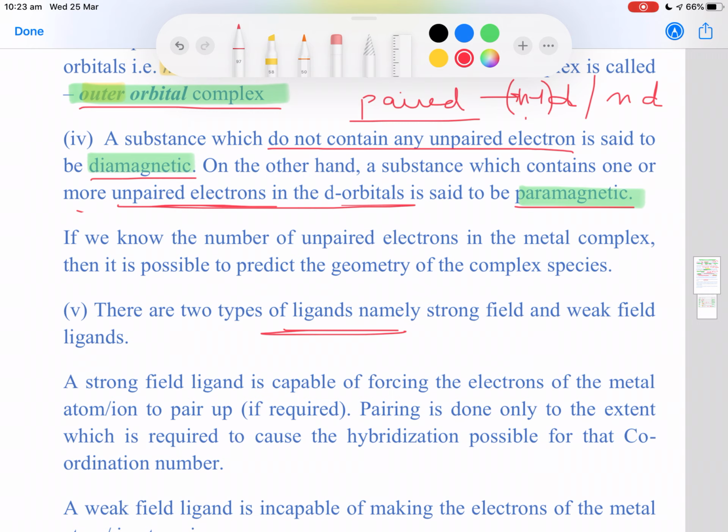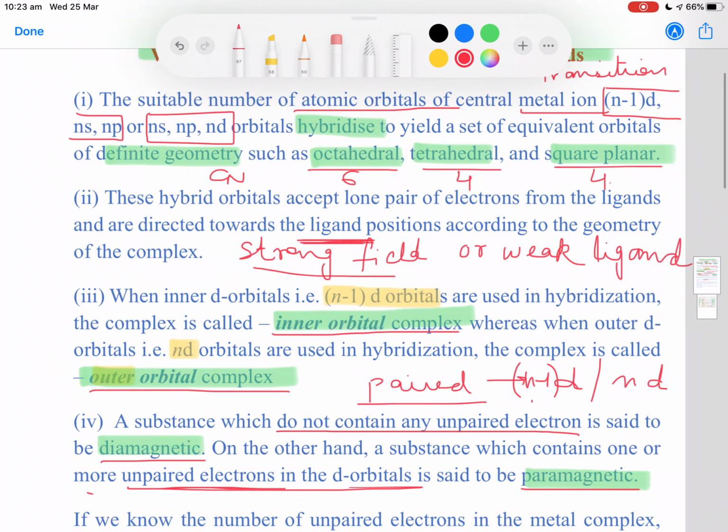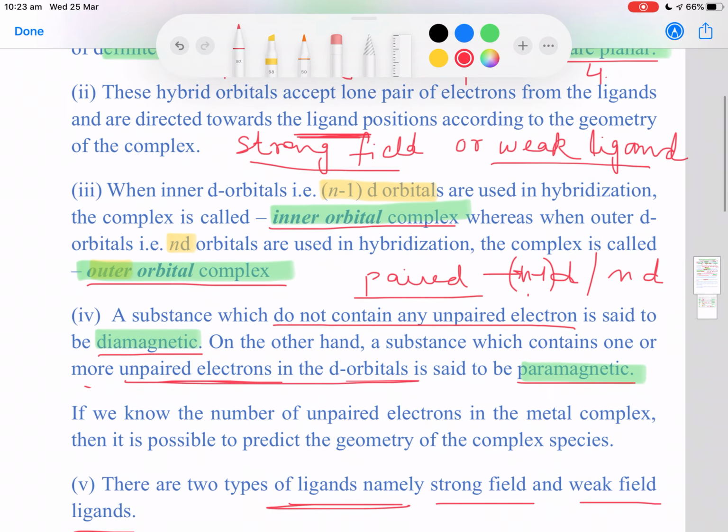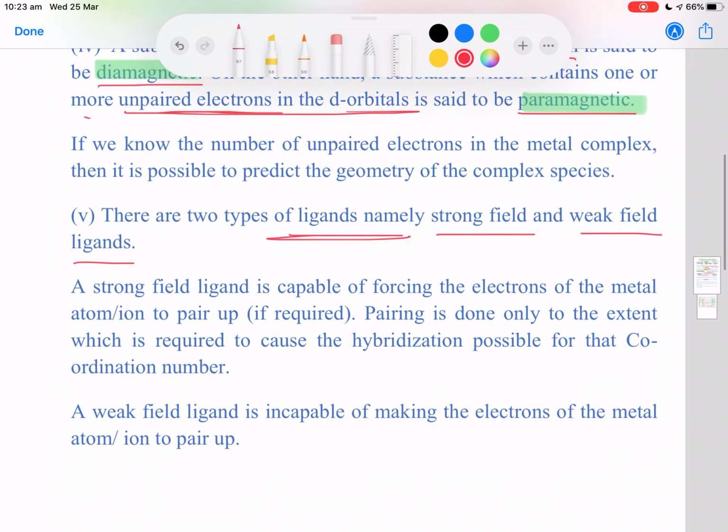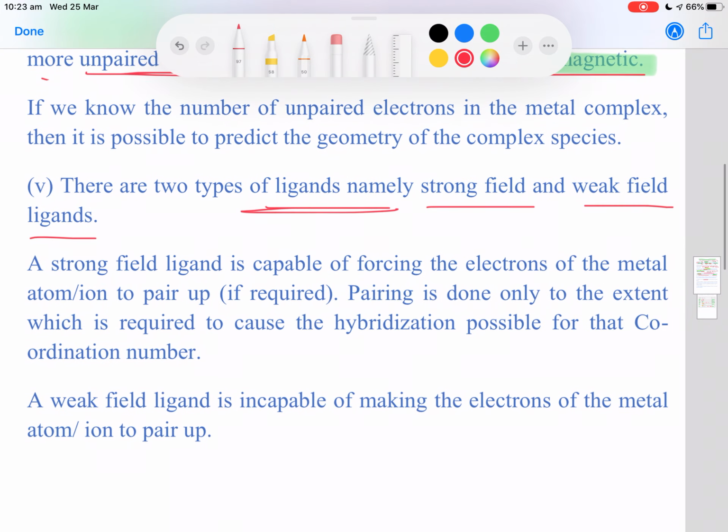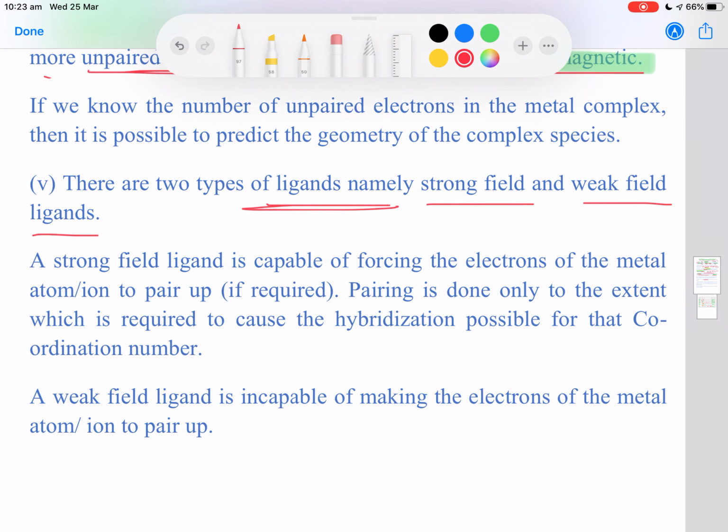These ligands are so influential that they will cause the electrons of the central metal ion either to pair up or to be unpaired, depending upon whether the ligand is a strong field ligand or a weak field ligand, which I mentioned before. So let us understand what exactly is meant by strong field and weak field ligand.